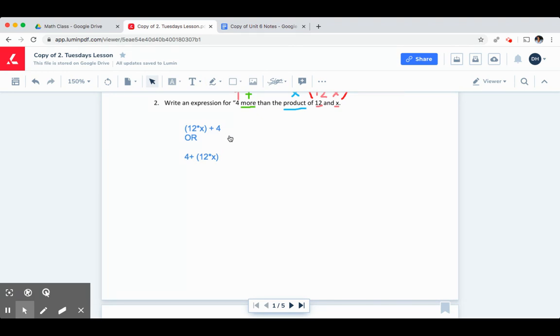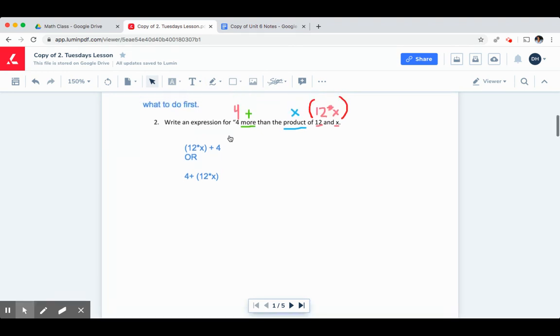So, in order to figure out the expression that matched this phrase, we had to do some very close reading. So that means that if you're reading these phrases too quickly, then you'll probably misunderstand what needs to happen first and what needs to be grouped together. So by taking our time and annotating this phrase, we were able to figure out that first you need to find the product of 12 and x, and then you add that product to 4.